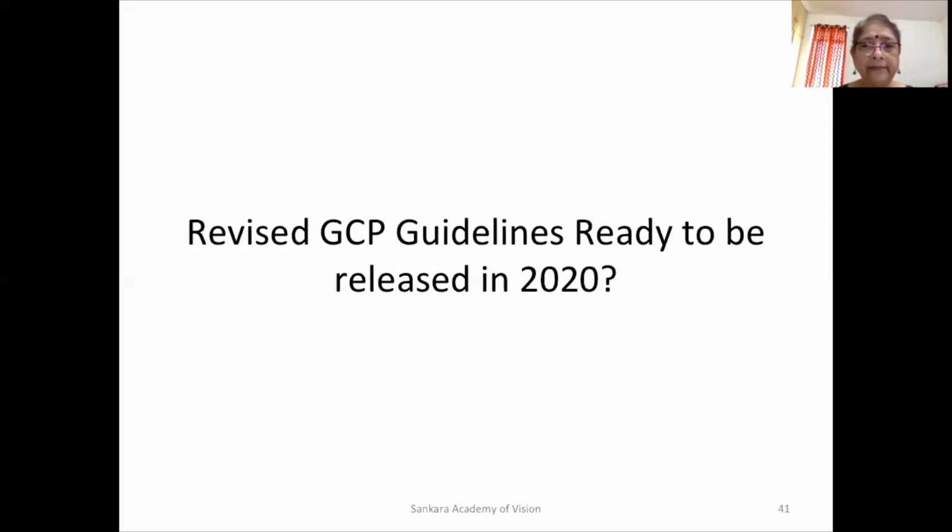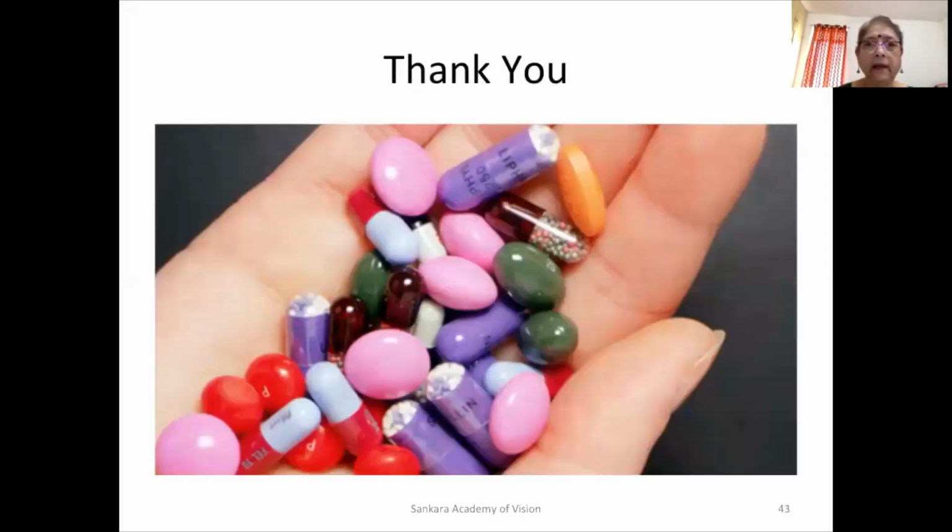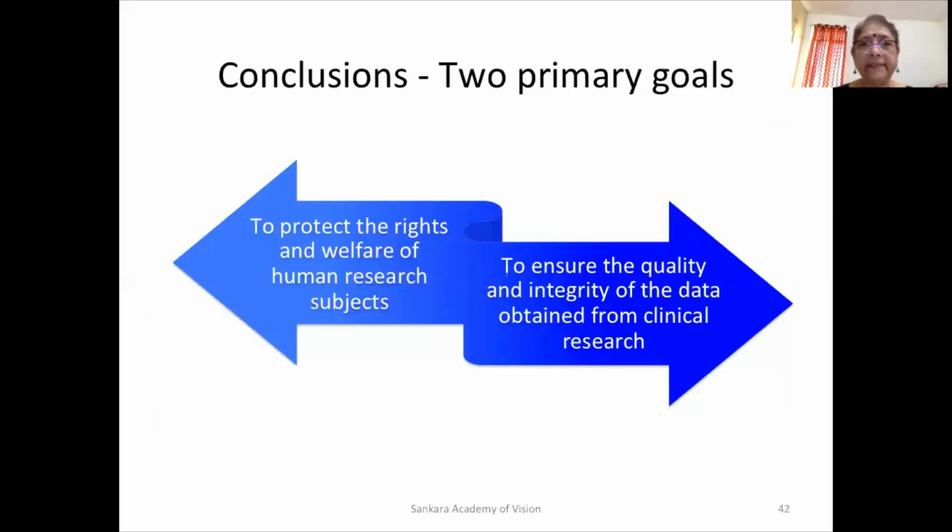So with that, we come to the conclusion that when we talk of GCP, there are only two primary goals. On one side, it is the protection of the rights and welfare of the human research subjects. And on the other side, it is to ensure that the quality and integrity of the data obtained from clinical research is maintained.